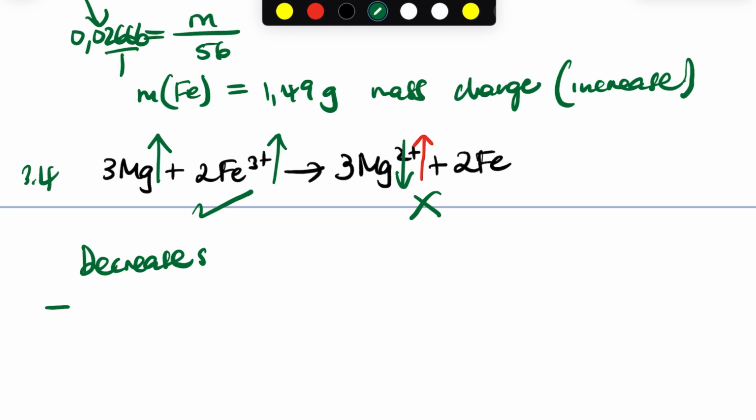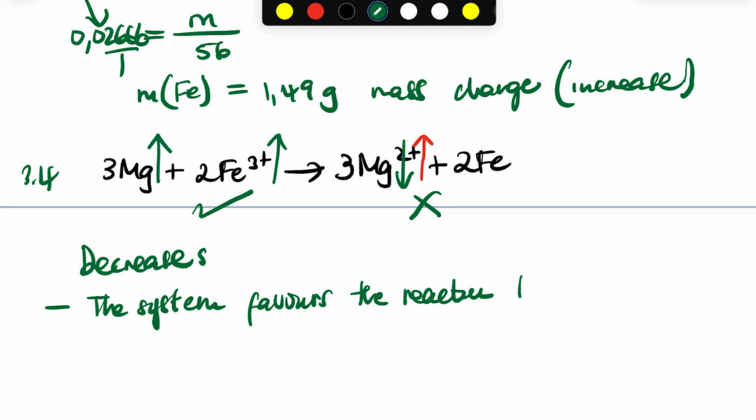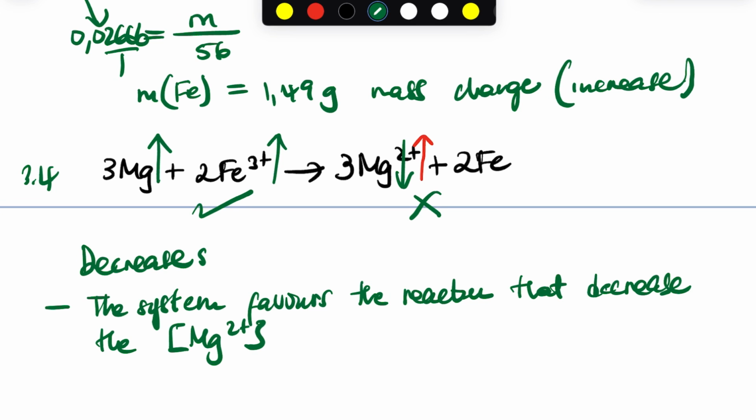You will say the system favors the reaction that decreases the concentration of magnesium ions. So what are we saying here?